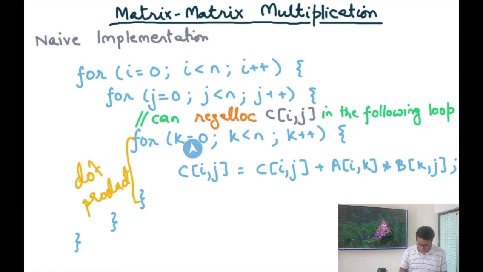Now, one thing to notice here is that in this last nest, the address of C[i][j] is pretty much not getting changed. And so what I can do is register allocate C[i][j].